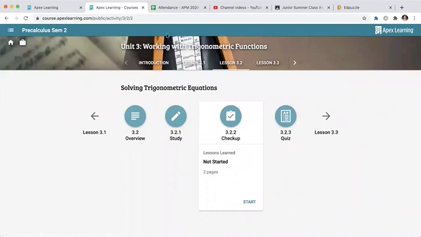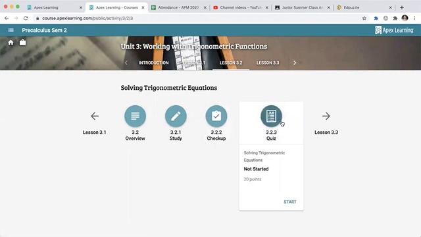This unit here is a little bit more involved as we go on. Always make sure you're trying these to check yourself. We do have this one quiz for solving trigonometric equations, so you are responsible for doing this one quiz.